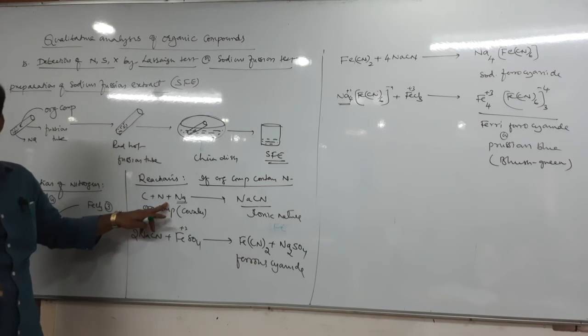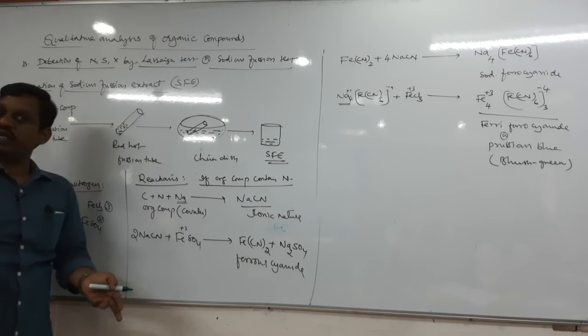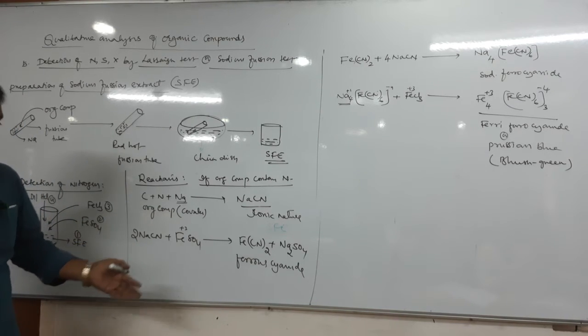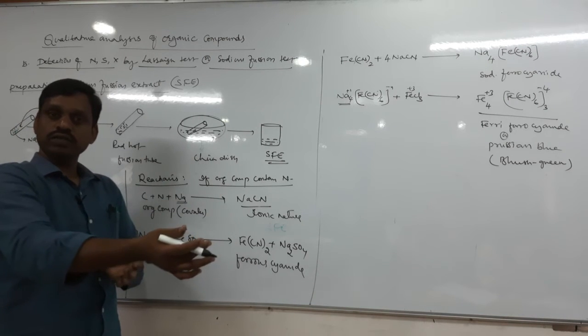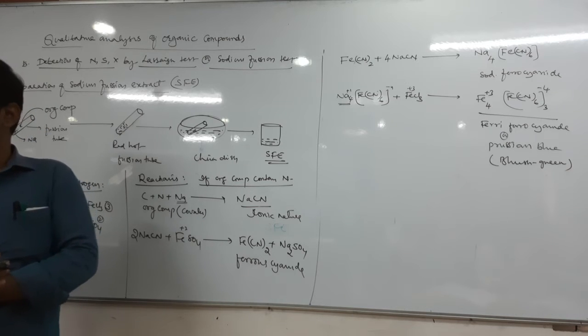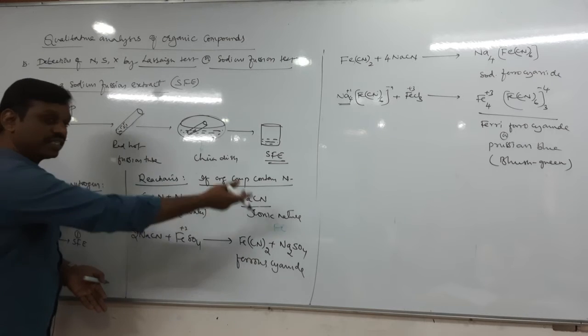But water will be there. There is hydrogen, and the organic compound containing hydrogen and oxygen will be there. That hydrogen and oxygen may combine to form water, because when an organic compound is heated, obviously water will come out. That water may react with sodium metal, and it becomes basic in nature.